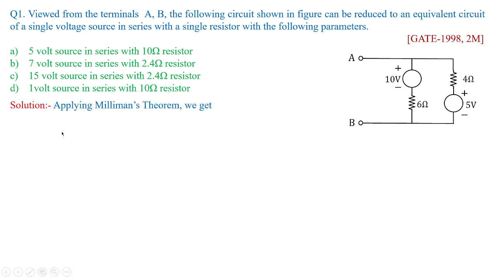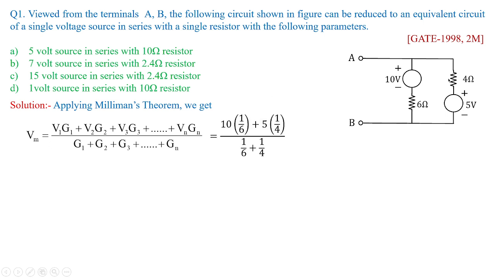By applying Milliman's theorem across AB with the help of the formula, Vm can be obtained as you can see.